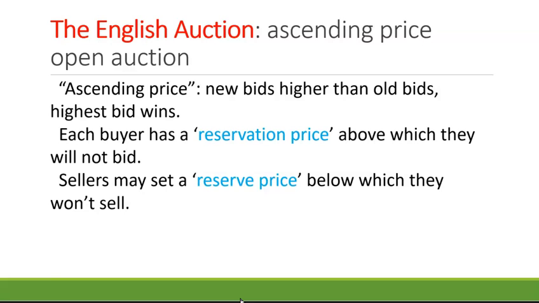Sellers, on the other hand, can set a reserve price. The idea of a reserve price is that the seller thinks that the item that's being sold is worth at least a certain amount, and they would not be willing to accept anything less than that.